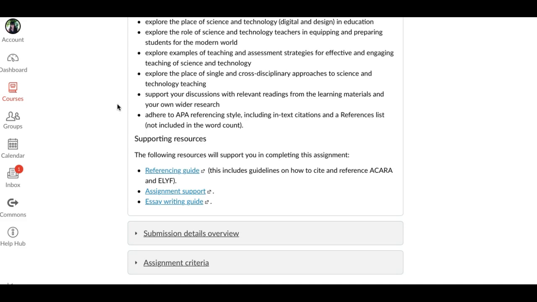So the role of teachers and science and technology, or teachers of science and technology, really need to be discussed. So generally, in a primary school, a generalist teacher facilitates both of those subjects. So in my mind, the role of the teachers could be a general discussion, it could be woven through, or it could also be highlighted in your discussion about, because you have to talk about single and cross-disciplinary approaches.